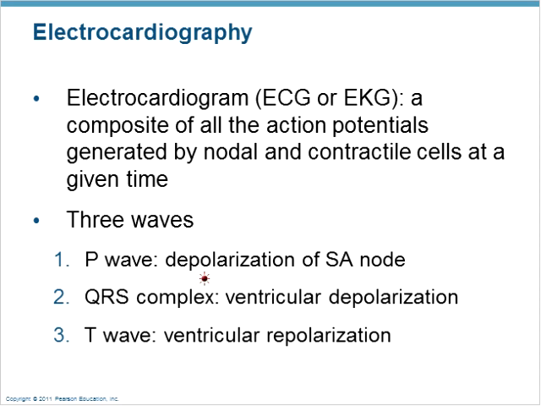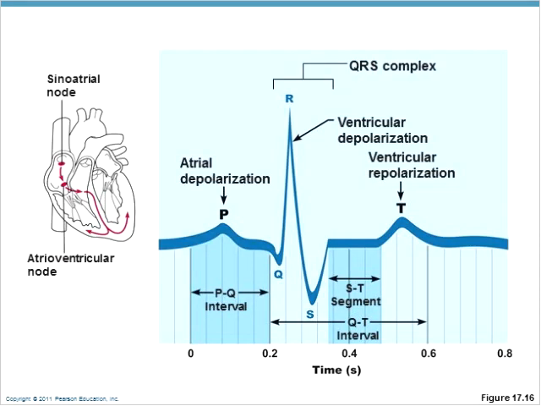It makes a P wave, which is caused by the initial depolarization of the SA node, a QRS complex, which is the depolarization of the ventricles, and then a T wave, which is the ventricular repolarization. The part that's missing here is repolarization of the atria, and I'll explain why you don't see that in a regular EKG.